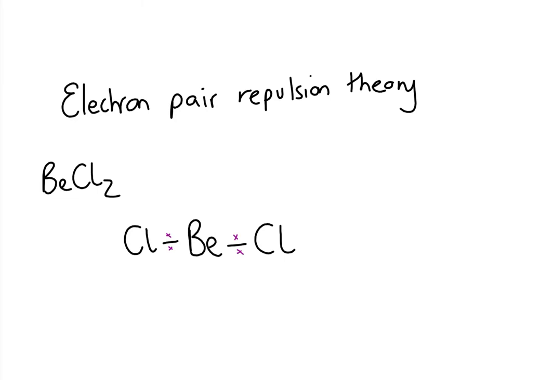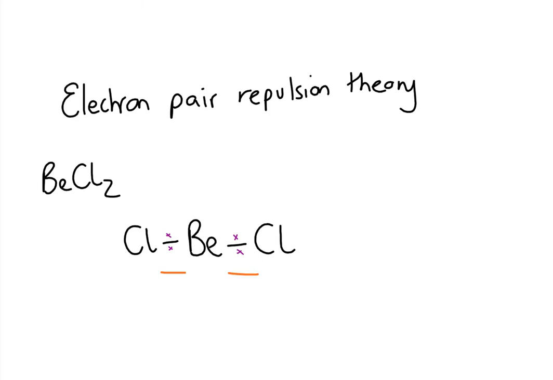Again, I'll show you how we work that out a bit later on, but first we'll just discuss why things have this shape. Basically, beryllium has a pair of electrons in this covalent bond and a pair of electrons in this covalent bond. These electrons want to repel each other, and they want to be as far away from each other as they possibly can be.